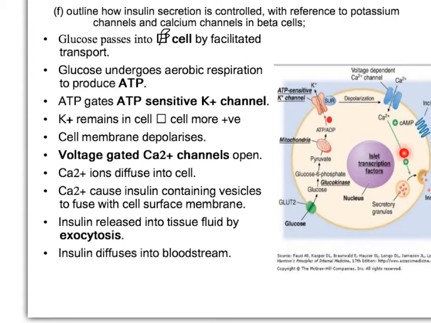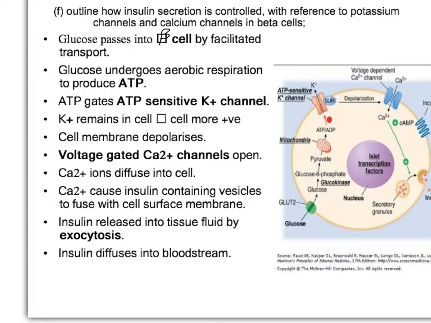And these calcium ions act as a second messenger inside the cell and stimulate the movement of secretory vesicles containing insulin to the cell surface membrane, where they fuse with the cell surface membrane and release the insulin molecules out of the cell by exocytosis.